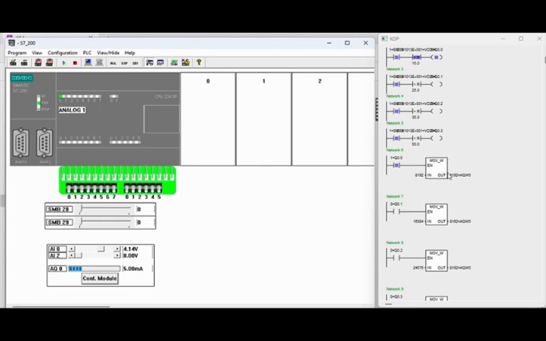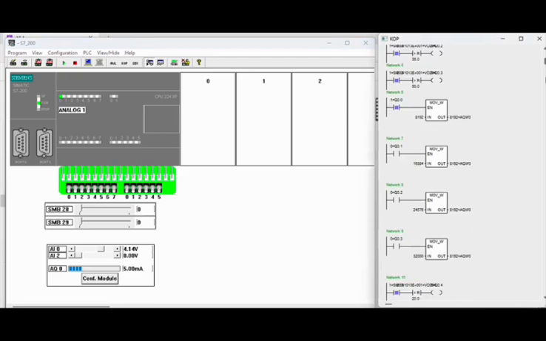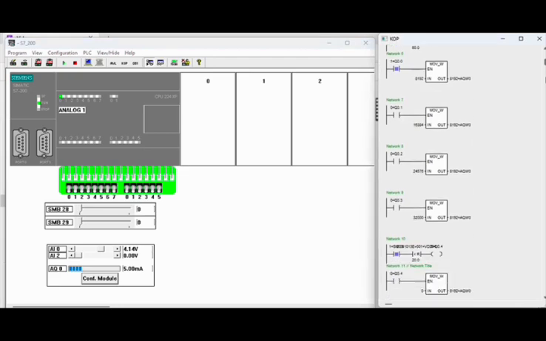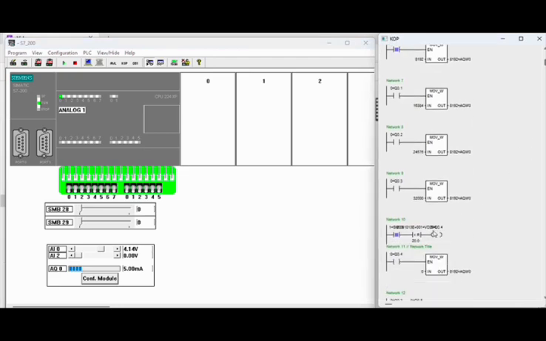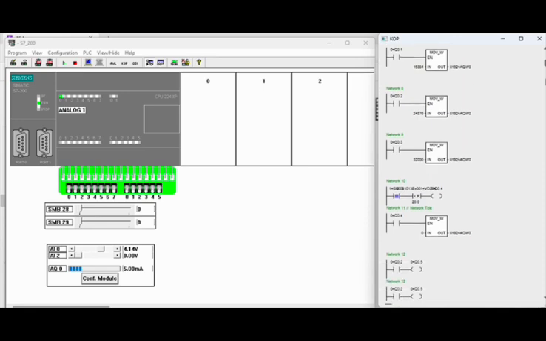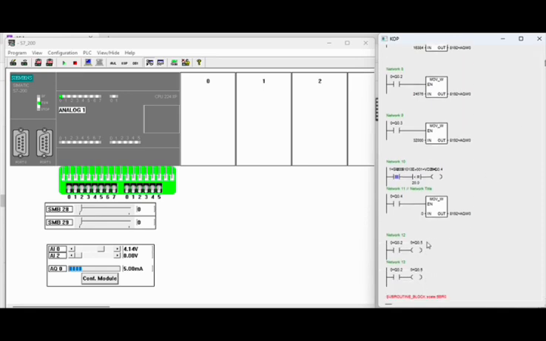We have low level in the water tank, and then the empty level indication is turned off since there is water in the storage tank. Pumps 1 and pumps 2 are still off.